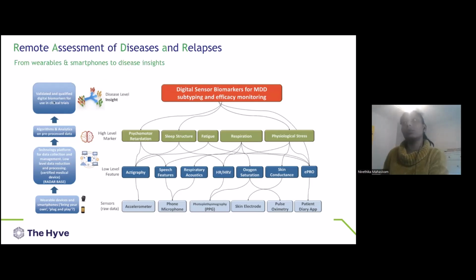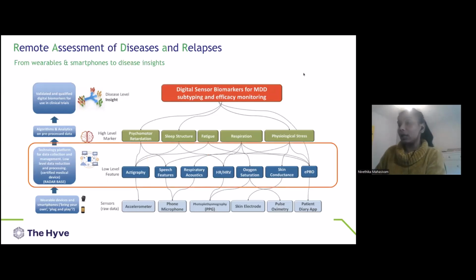And when the digital biomarkers are properly validated, you can also use them in clinical trials for drug development. So this is the motivation for doing such research. And what we're going to be talking about is the technology platform that allows you to get this data from various devices and applications to a place where you can build your own algorithms.